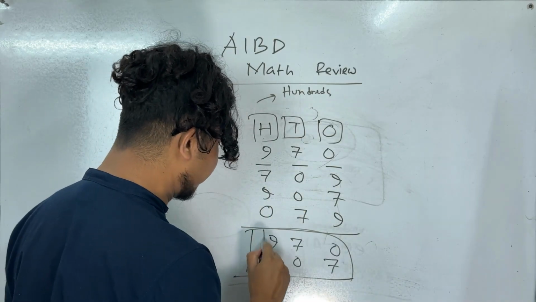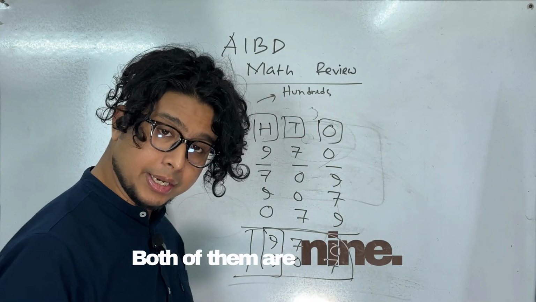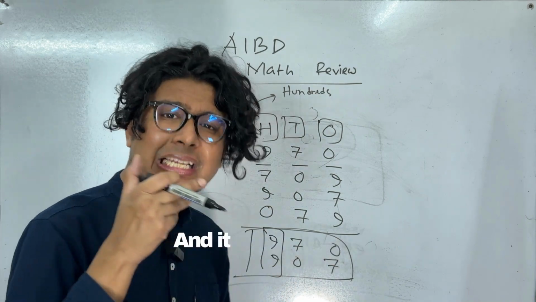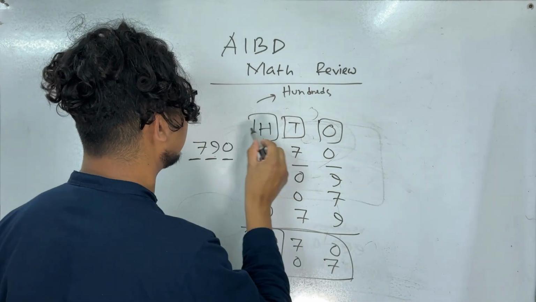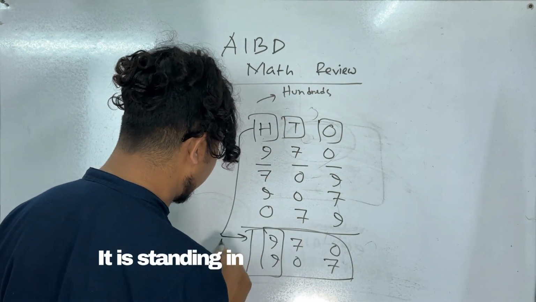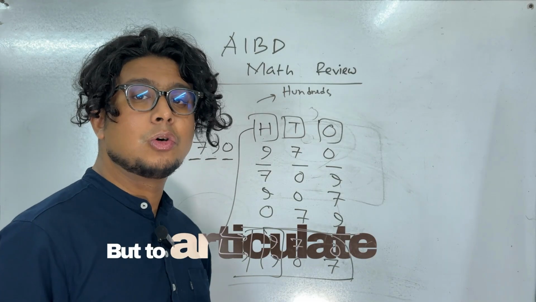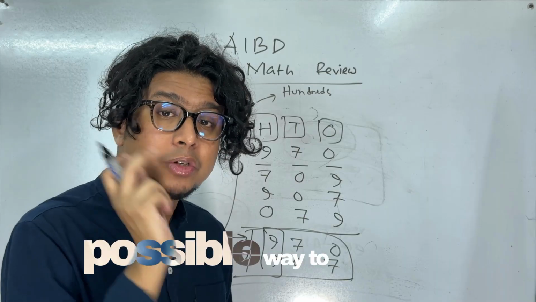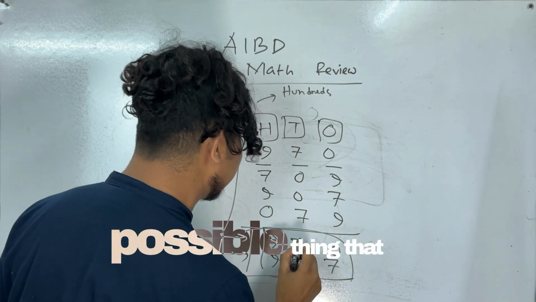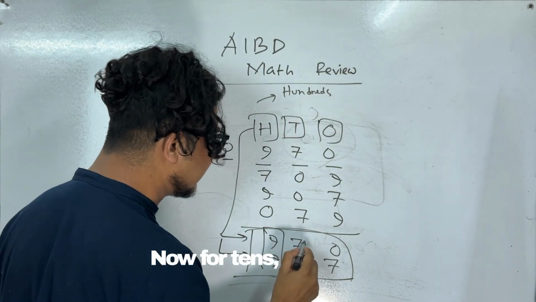That is 9. Both of them are 9, and it is standing in hundreds. To find the next possible thing, that is in tens. For tens, this is 7.